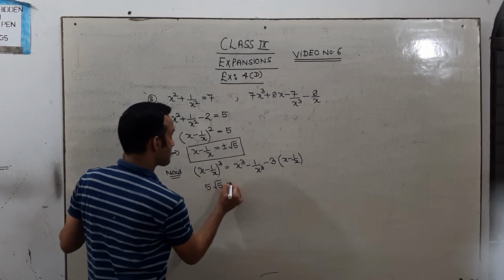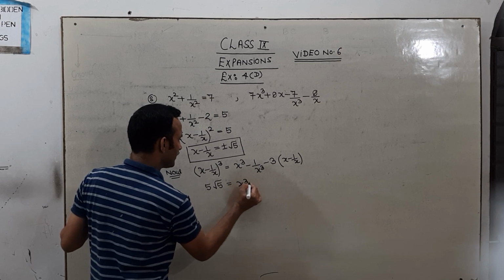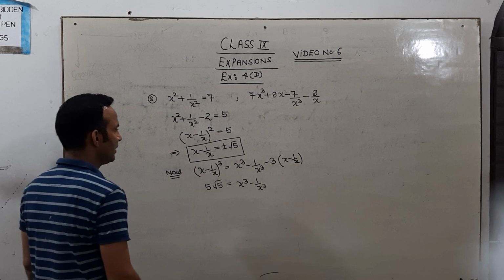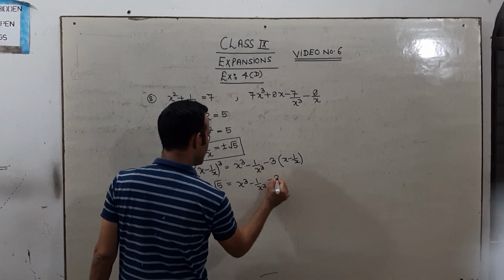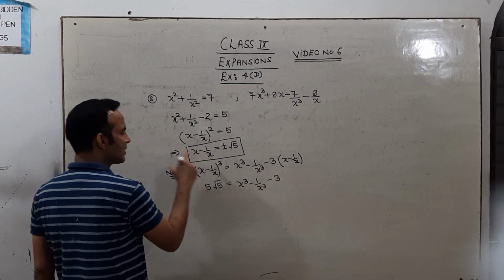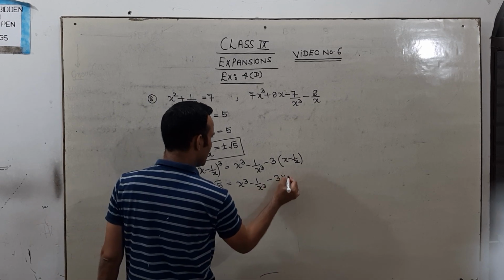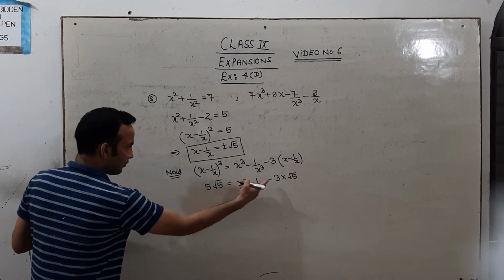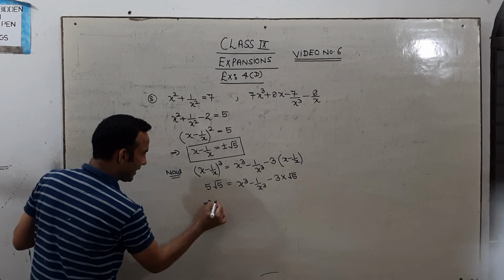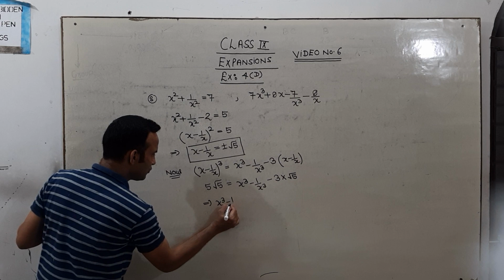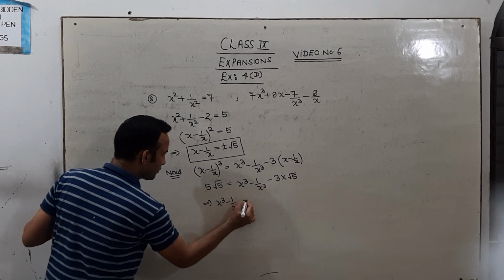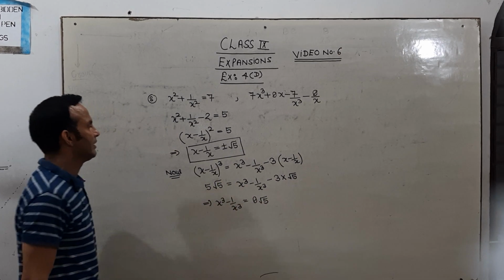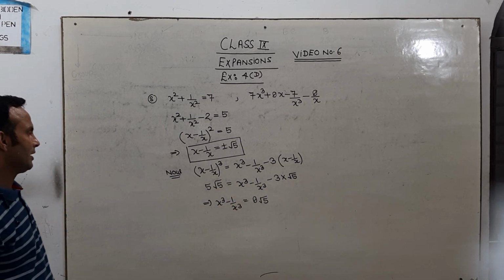Okay. x cube minus 1 upon x cube, minus 3 times of the value of x minus 1 upon x, which is what? Root 5. This implies that x cube minus 1 upon x cube is equal to 8 times of root 5. This is the value of x cube minus 1 upon x cube.